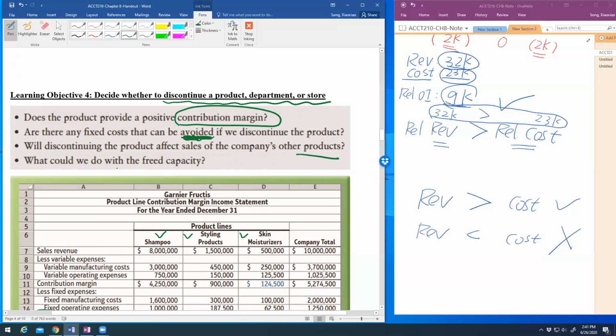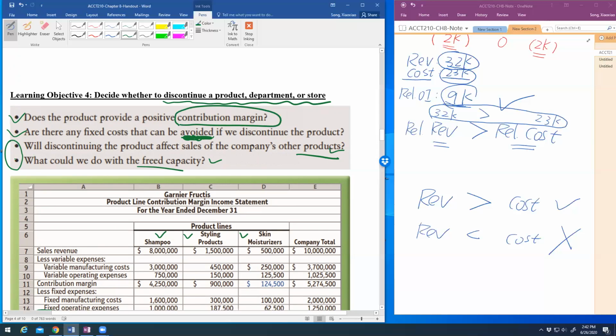What will we do with the freed capacity? Items 3 and 4 are good parts, but we do not put them in the calculation for this chapter. We're basically only focusing on the first and the second item.